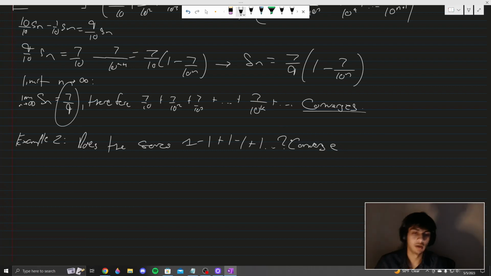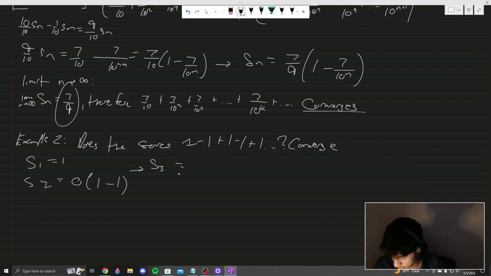Okay, so let's look at the partial sums. S1 equals 1, S2 equals 1 minus 1, which is 0. Then S3 equals 1 minus 1 plus 1 equals 1. Now S4 equals 1 minus 1 plus 1 minus 1 equals 0.